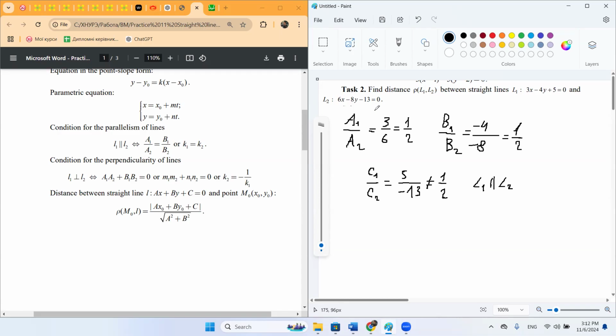Yeah, correct. So which line to choose? For example, L2. Okay, let's select M that belongs to L2.